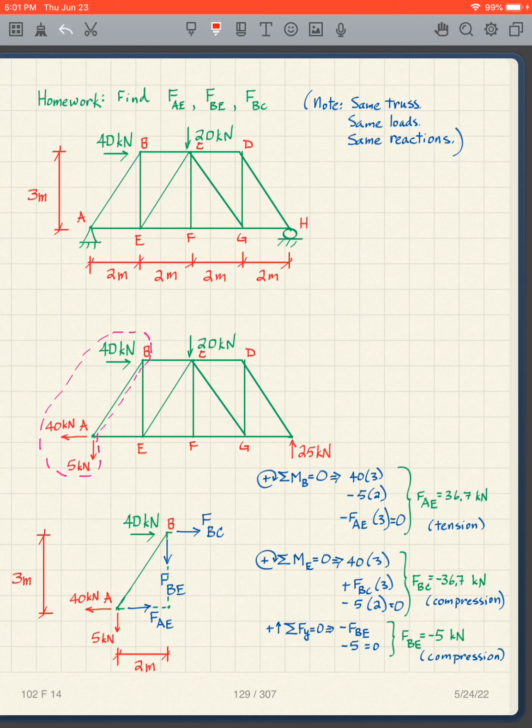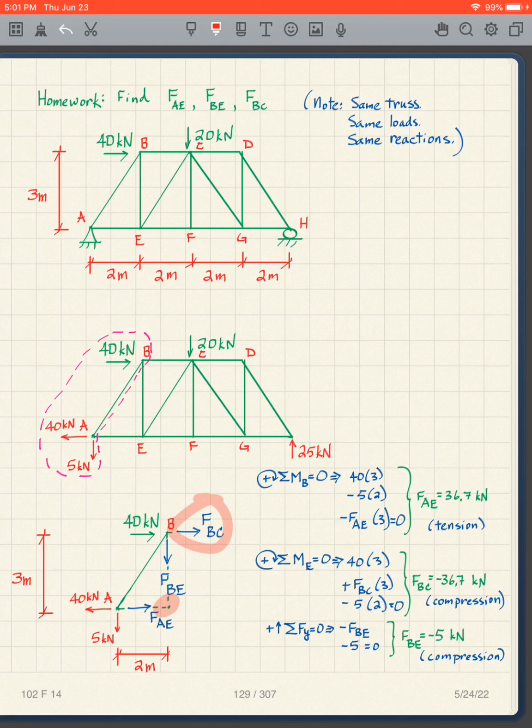I can take moments about point E. If I take moments about point E, what do I eliminate? I eliminate that load, I eliminate that load, all these loads, and I'm left with just these 3 here. So taking moments about E, I'm going to have 40 times 3 clockwise.